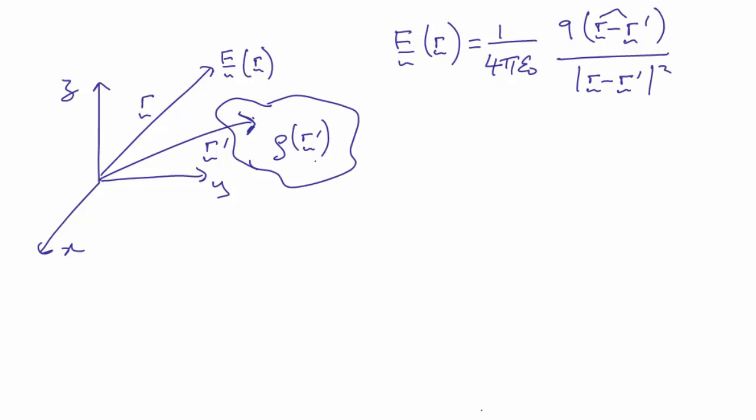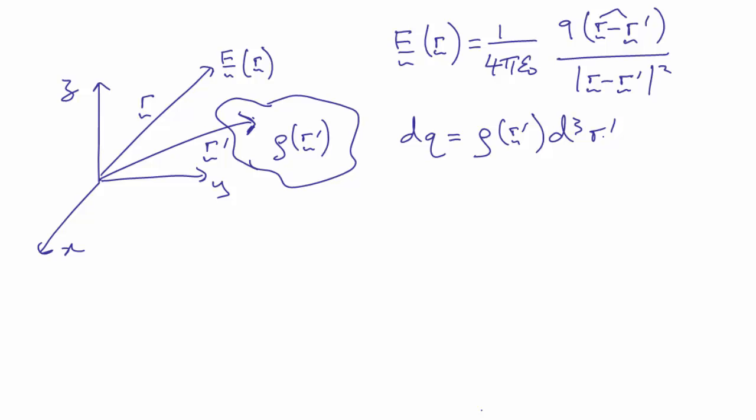So now we could write a differential element of charge as dq equals rho at r prime times the volume element, which I'm going to write as d3r prime. All I mean by this is it's just a volume element. In Cartesians, it would be dx prime, dy prime, dz prime, and in other coordinate systems, we would write it out appropriately. So that is my notation for the volume element, d3r prime.